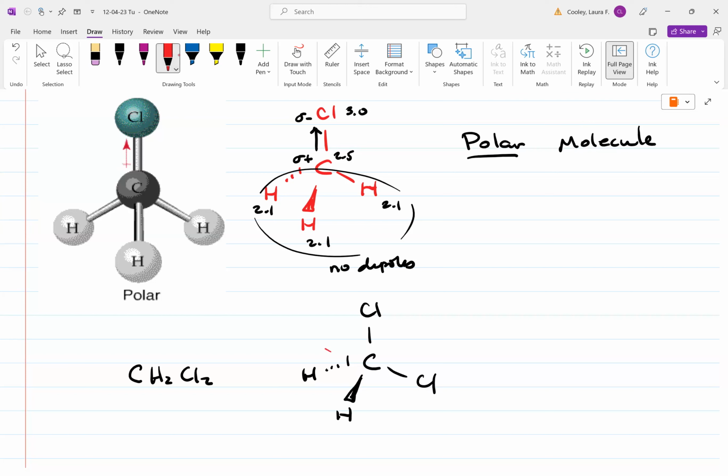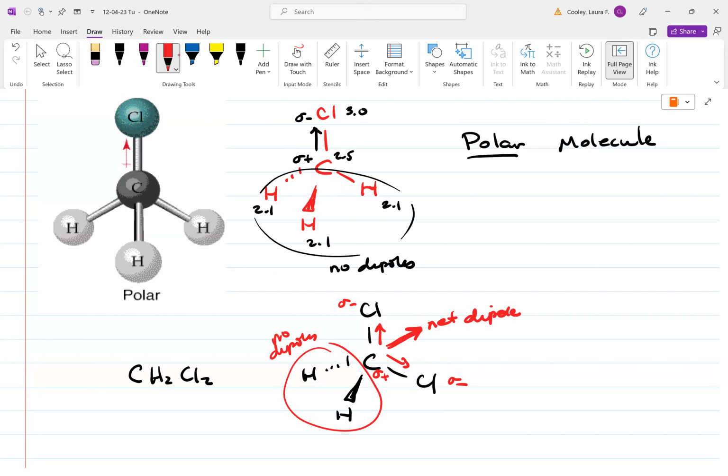There's no dipole here. So you have a dipole here and a dipole here. That's kind of like the H2O example where you have a net dipole in the middle like that. And you would have delta negative, delta positive, delta negative.